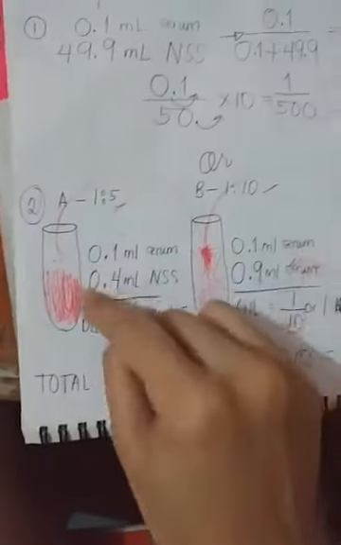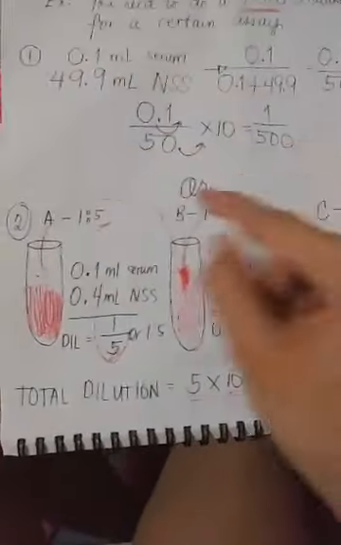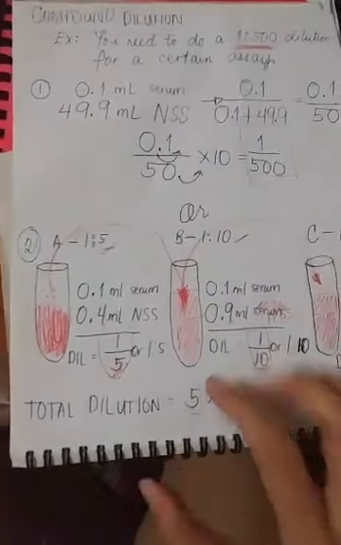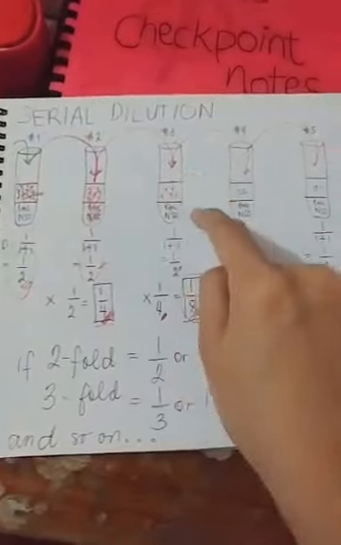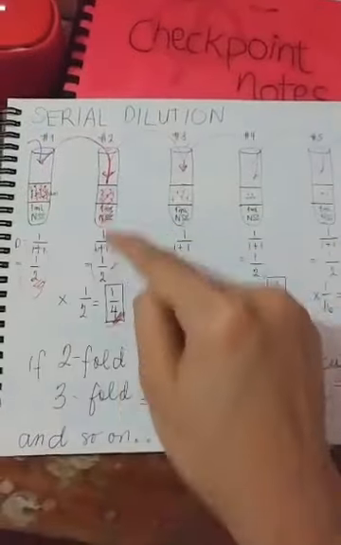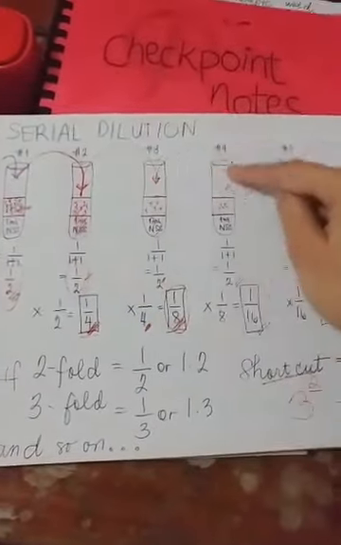In each tube, kukomputin mo kung ano yung dilution na ginamit, and then i-multiply mo kung ano yung mga ginamit mong dilution factors para makuha mo yung total or final concentration. Sa serial dilution naman, in each tube, compute mo ulit. Same nga lang yan, and then multiply kung ano yung pinanggalingan niyang tube.